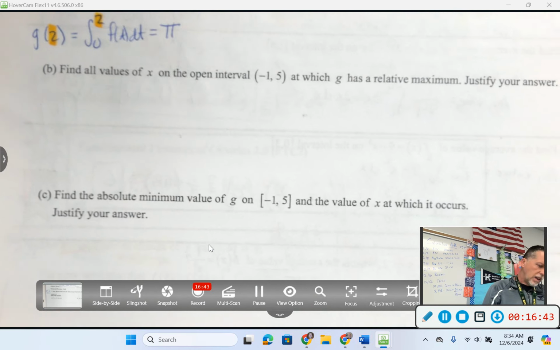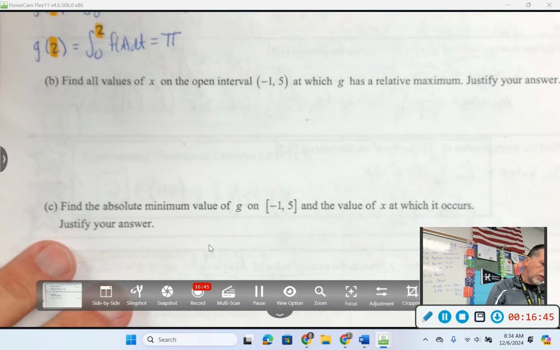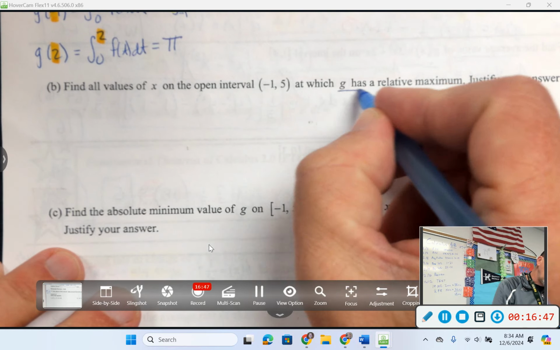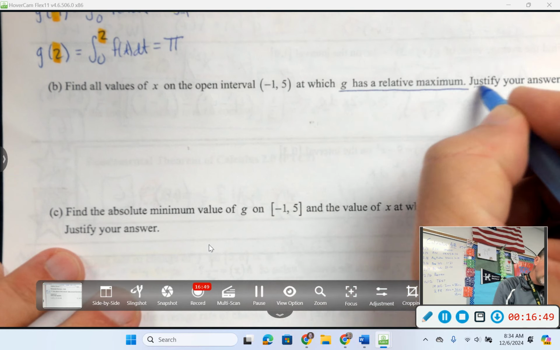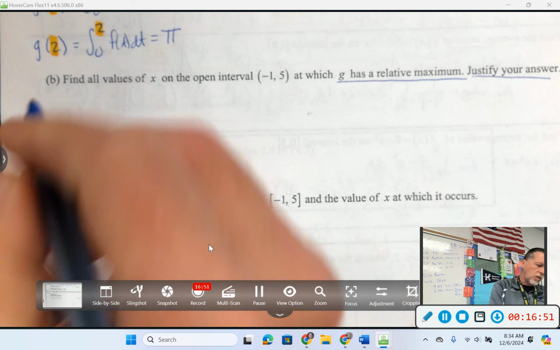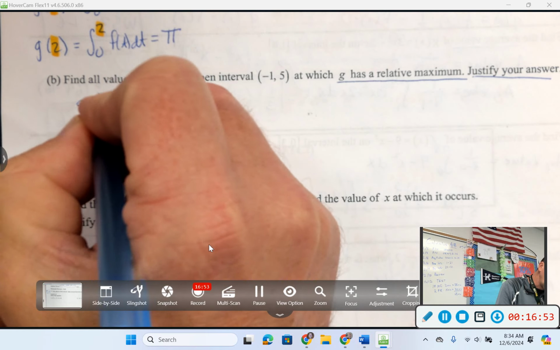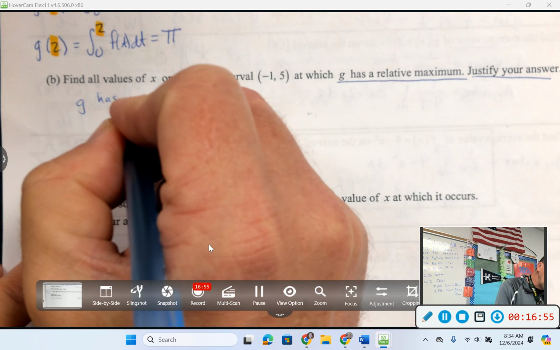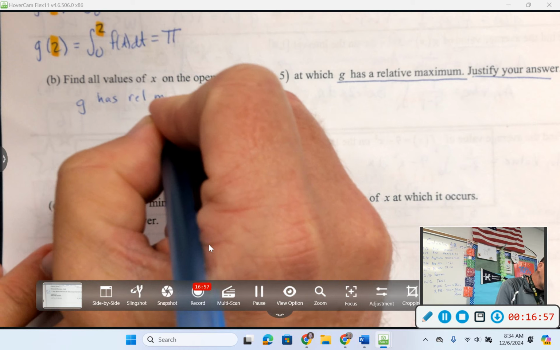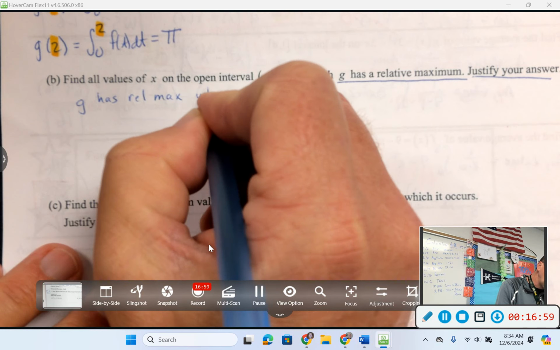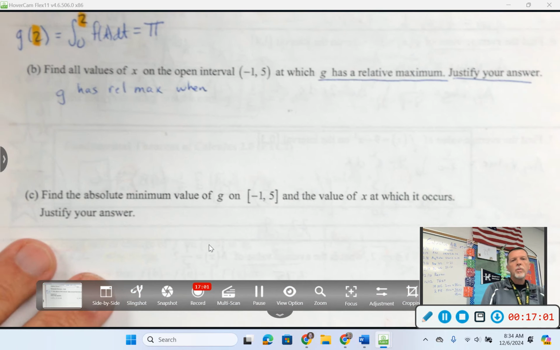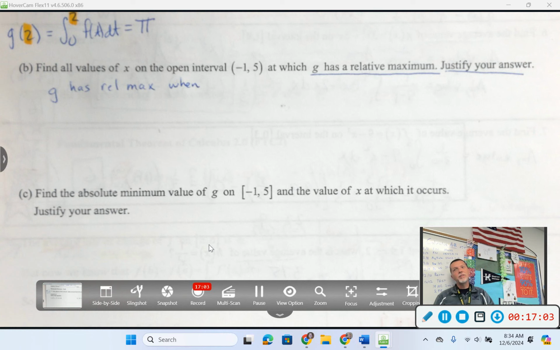Part B. Find all values of x on the open interval at which g has a relative maximum. Justify your answer. Okay, well, let's justify first. Not even worried about this problem. G has a relative max when, in general, if G has a relative max, what's going on with G?